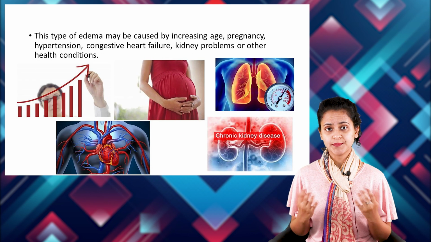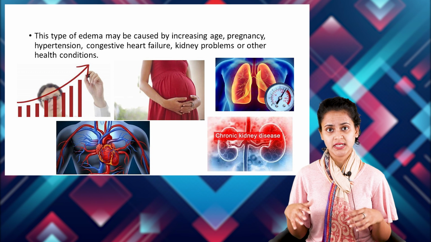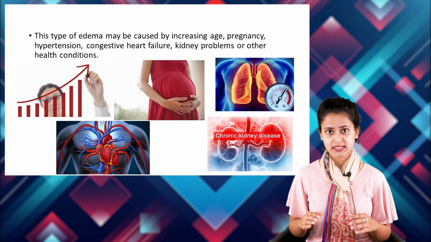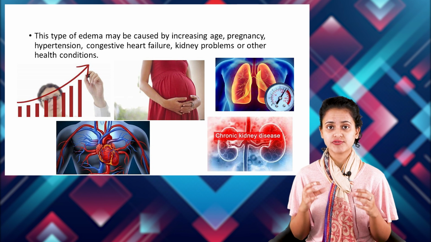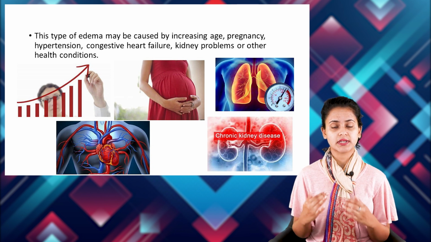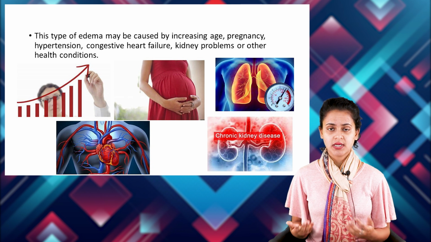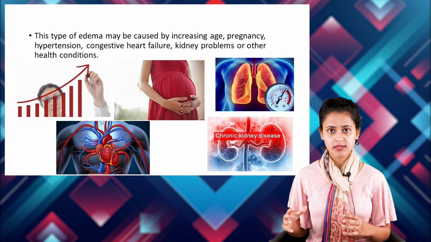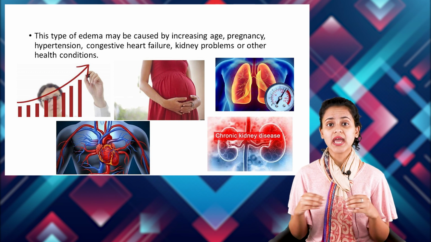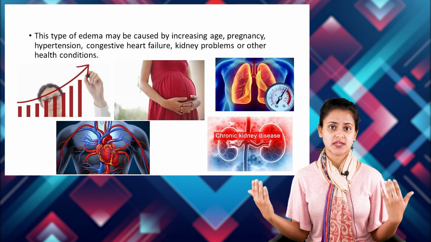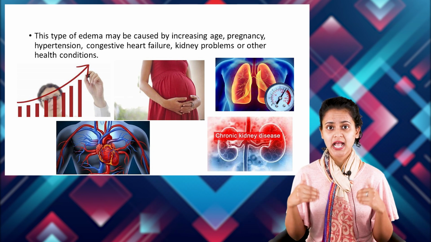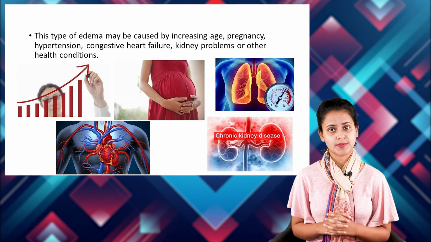This type of edema can develop with increased age. Pregnancy is also considered one of the major risk factors for developing peripheral edema. Hypertension, congestive heart failure, kidney-associated disorders and other health conditions affecting oncotic pressure and hydrostatic pressure often help develop peripheral edema.